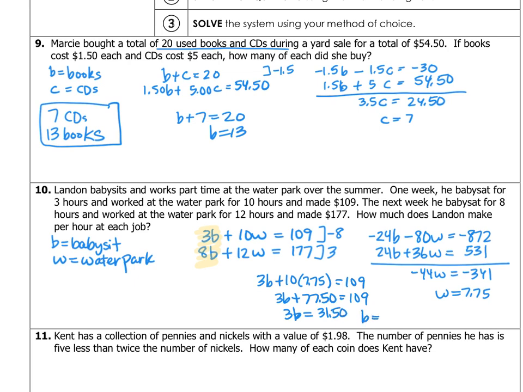So I get b is 10.50. All right, so that means that he's earning $7.75 per hour. Oh wait, that's the water park. At the water park. And $10.50 an hour babysitting.